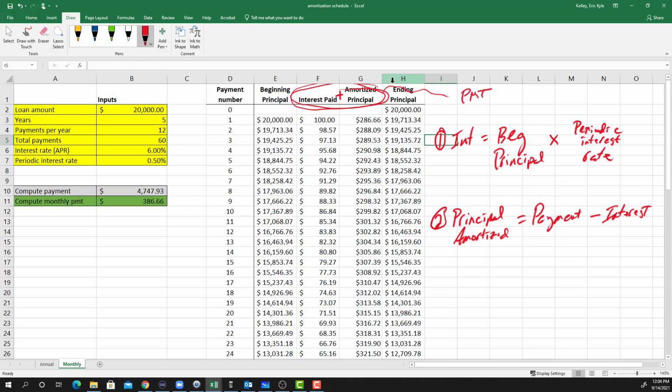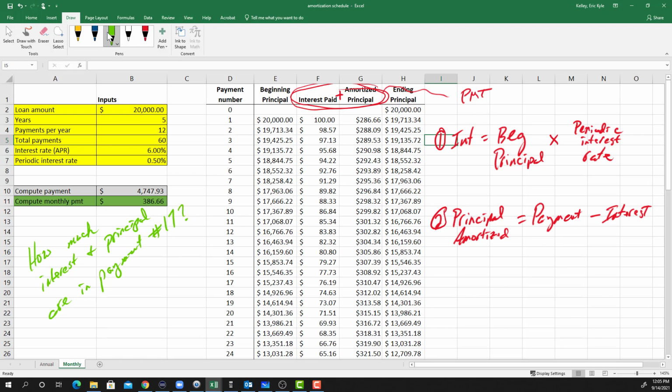Now, if our question is how much interest and principal are in payment number, I don't know, 17.